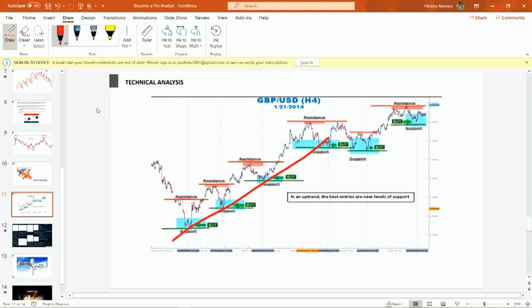As you can see, it's making lower lows, sorry, higher lows and higher highs. So the market is in an uptrend, making higher lows and higher highs. In a market that is in an uptrend, what we are looking for is opportunities to buy the market.